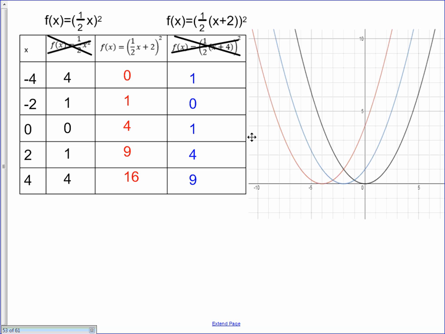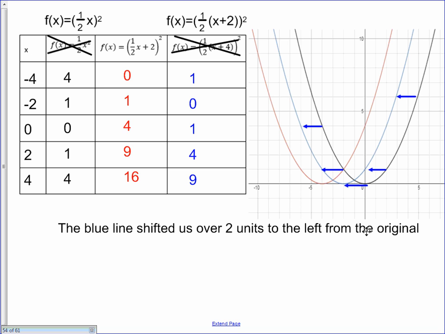Now, compare this function f of x here to the original function. So that's compare the blue function to the black function. To get from the black one to the blue one, what did we do? Look over here on the graph. To get from the black one to the blue one, everything is just shifted left 2 units. This worked. We got the shift left 2 units this time.